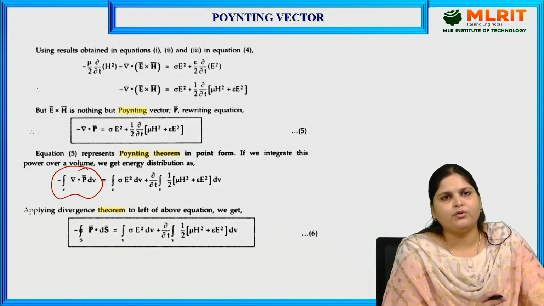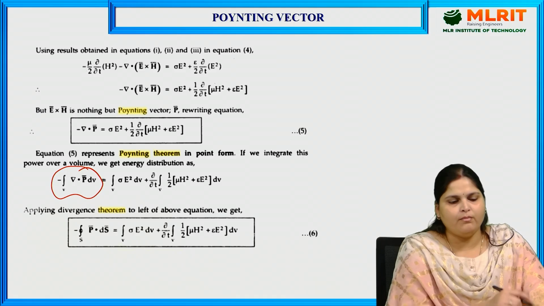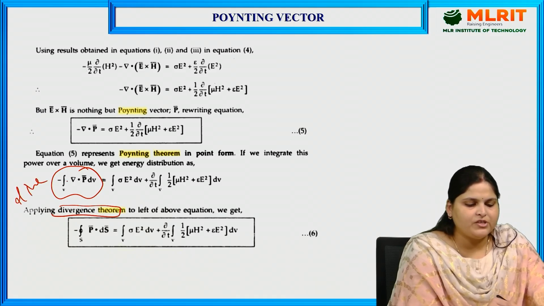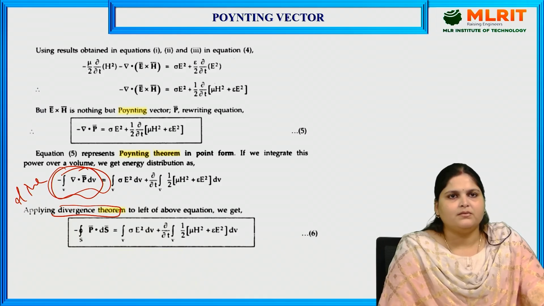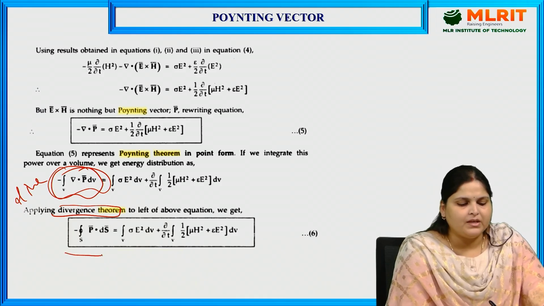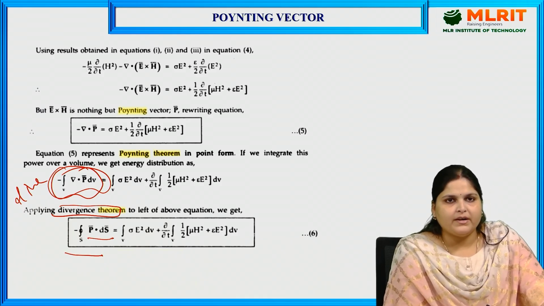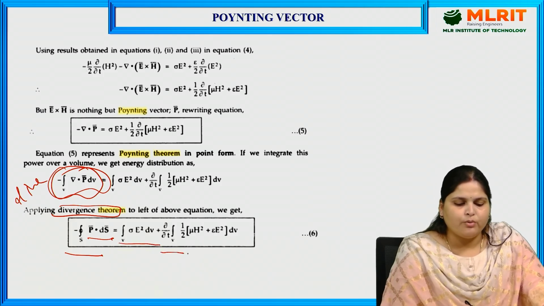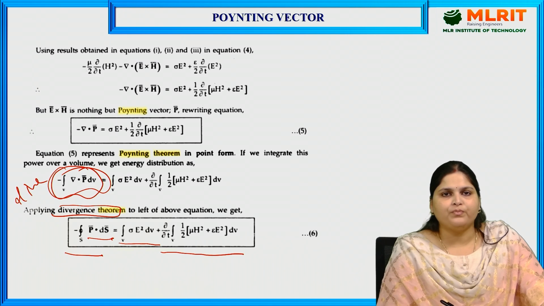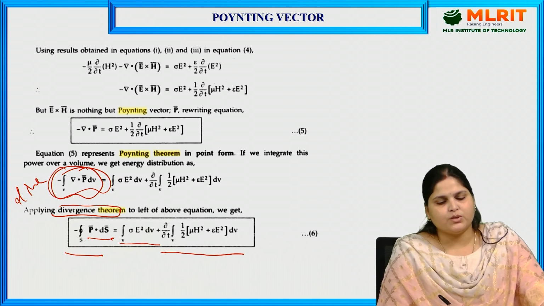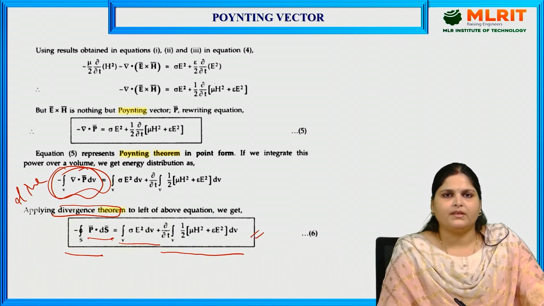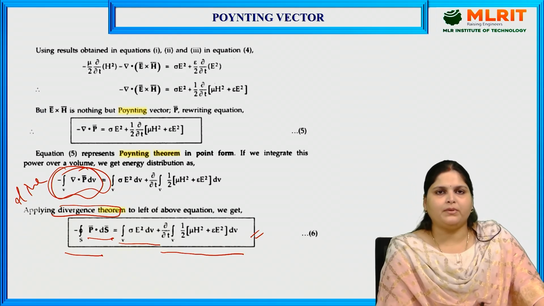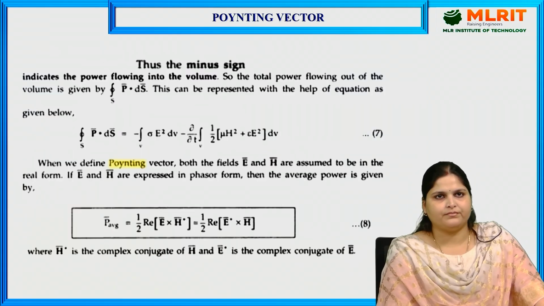If we want it in surface form, we apply the divergence theorem only to this P. So the equation becomes minus the integration of P·dS equals the integration of σE² dV plus ∂/∂t of the integration of 1/2 (μH² plus εE²) dV, right? So this is the Poynting theorem again, but in integral form.